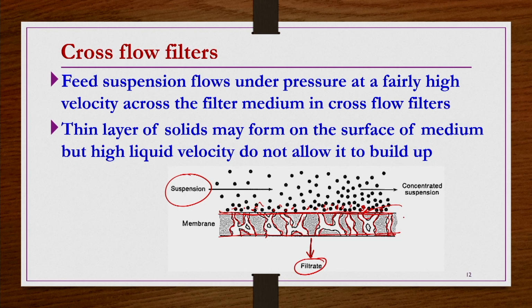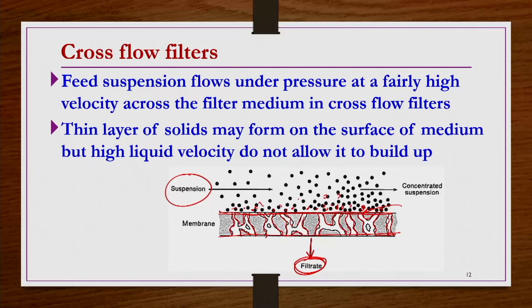The difference between the previous two methods and this method of filtration is that here we get an almost clear filtrate, almost free from solids, as one phase, but the other phase is not a separate phase of solids.